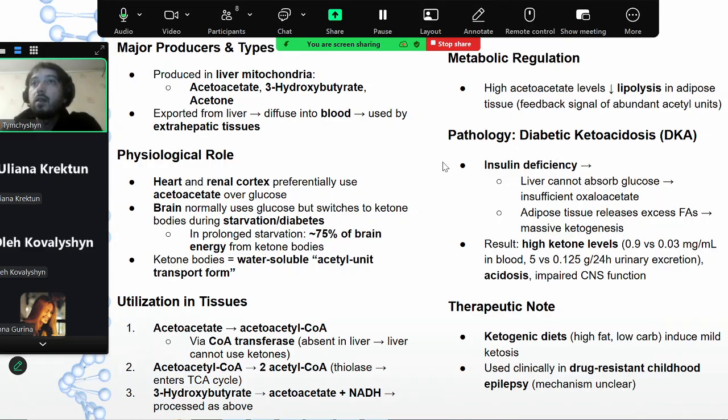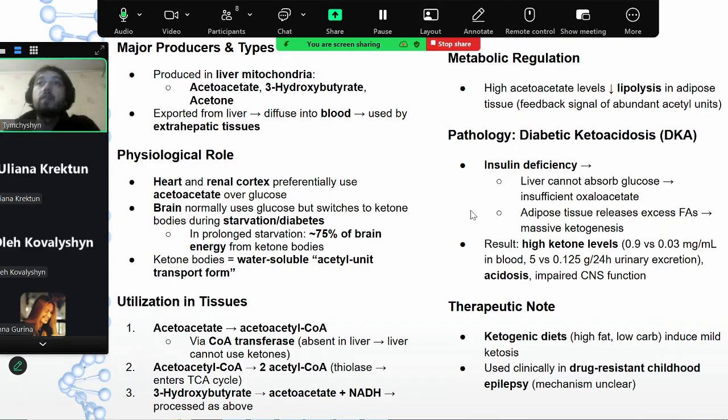In the case of diabetes, there is the so-called diabetic ketoacidosis. The liver, in case of insulin deficiency, or if some of the receptors are broken, so there are different possible mechanisms.